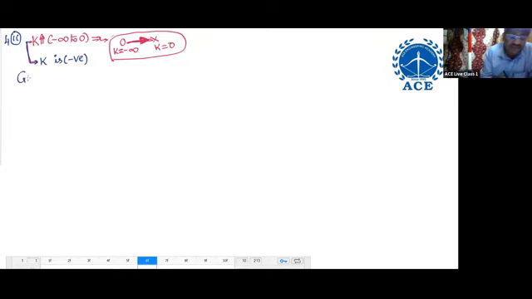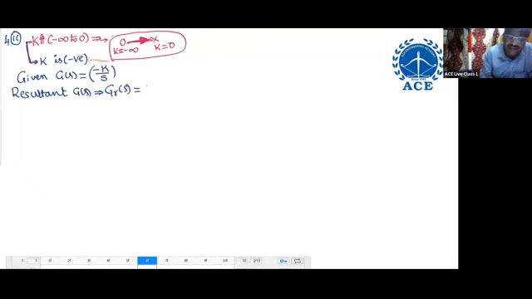Given G of s, what is G of s? Minus K by s. Now the resultant G of s, G_R of s, is the K sign times the G of s sign.